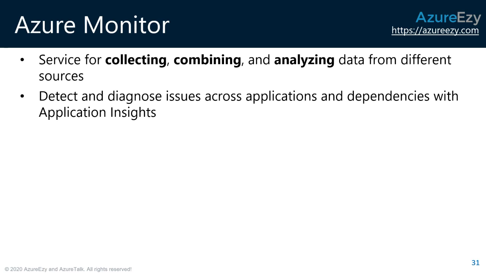For example, you have an application that has a mix of microservices or some dependency on the database and related services. You can see those dependencies as well, and diagnose and troubleshoot the issue with the help of Azure Monitor. With this, you need to use another service known as Application Insights. We'll see what Application Insights is as well.